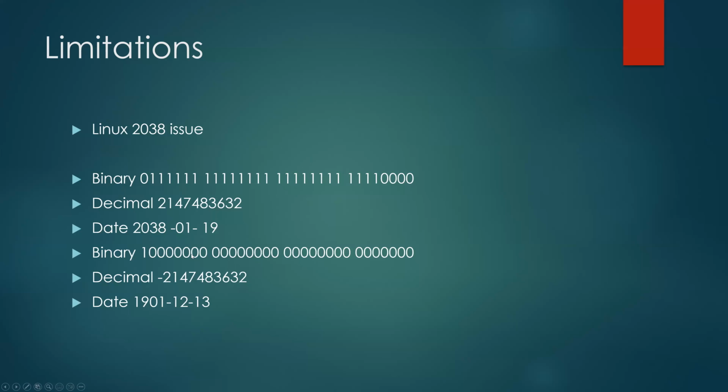When it hits January 19, 2038, all the binary increases by 1, and after that it'll go negative. Then it will wrap around and go back to 1901.